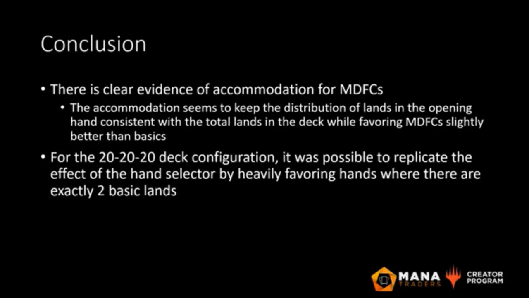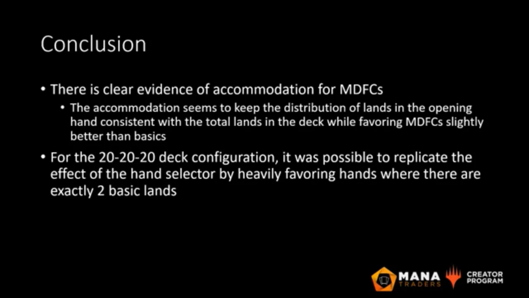The second conclusion is that for the 20-20-20 deck configuration that we did, it is possible to replicate the effect of the hand selector. It's possible to replicate it and check by simulation that indeed we are getting the same distribution as we have from the data by heavily favoring hands where there are exactly 2 basic lands.